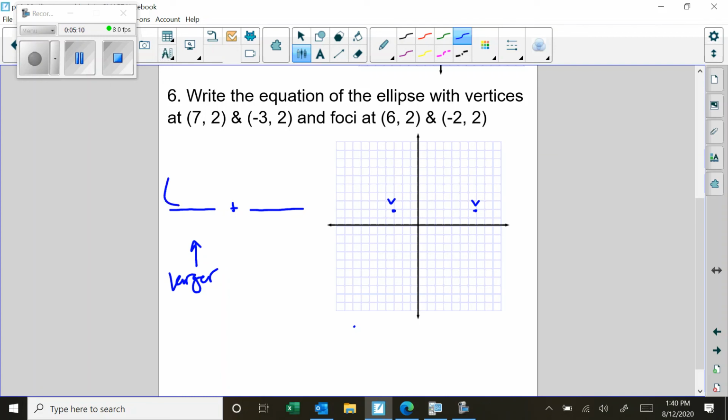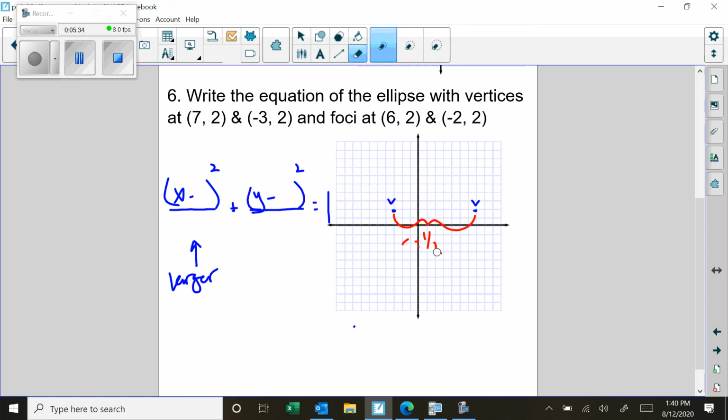As you continue to make your skeleton equation, we already really know what our center is going to be as well, because the center is going to be halfway between those 2 points. So how far is that?